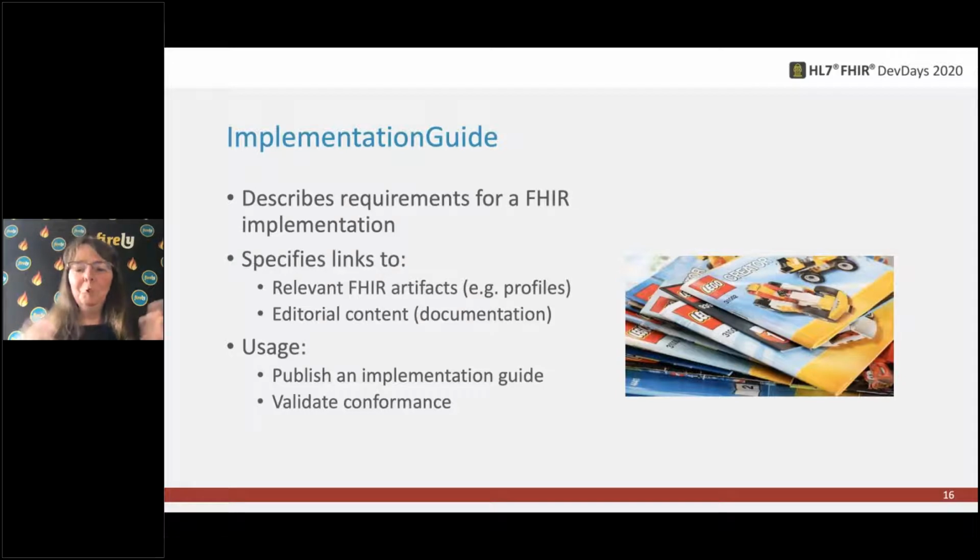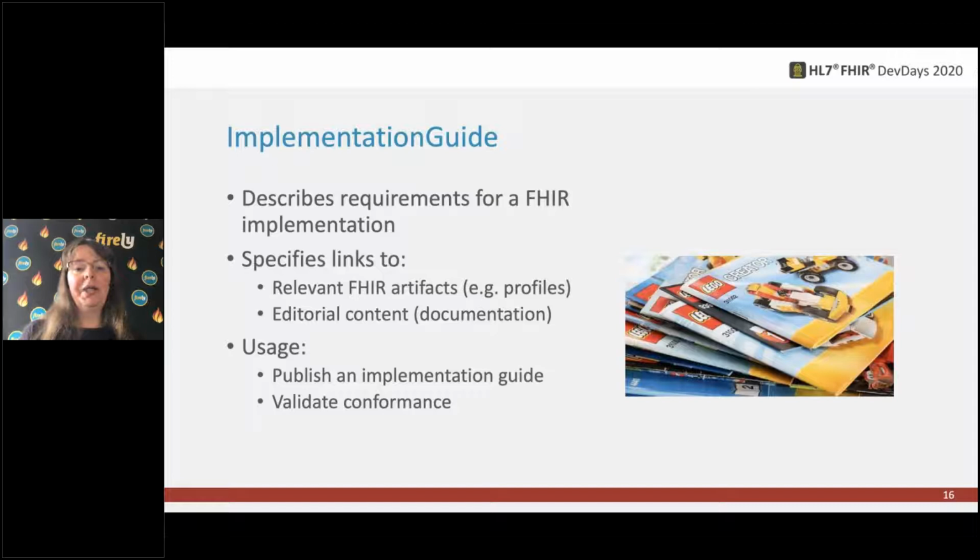Okay, so you have all of your conformance resources, but then it's important for someone going to work with your use case or context, or connecting with that, to be able to know what to do. And that doesn't necessarily mean only looking at profiles, extensions, and the other conformance resources. Sometimes you will need a little bit more of a description around that, and that is what you can do in an implementation guide.